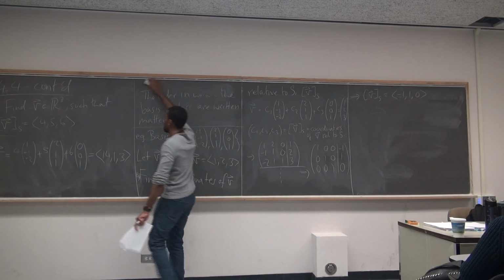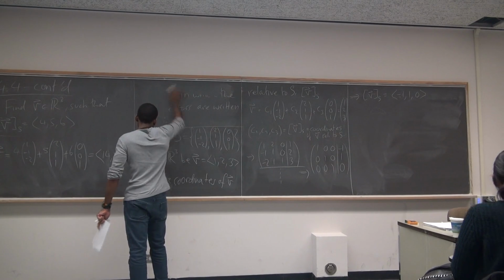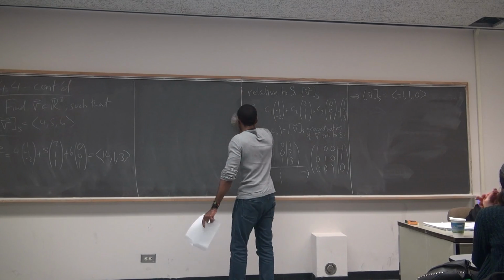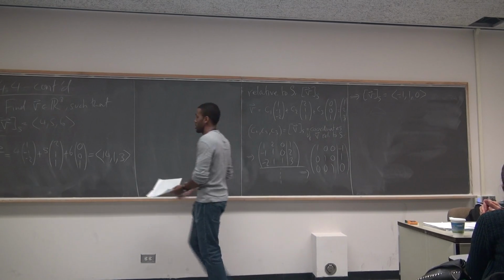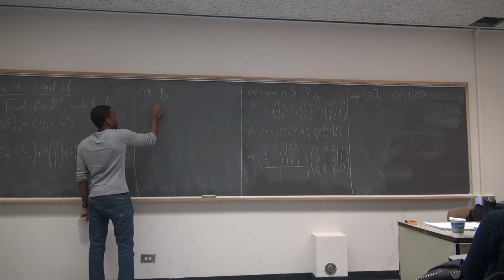To help us with an example I'm going to do in the next section, I'm going to introduce another basis, and we're going to find coordinates with respect to that basis. Example 2, B, this is a basis.